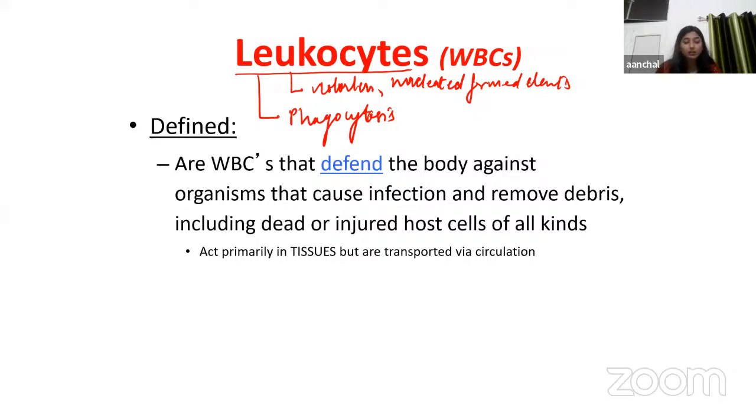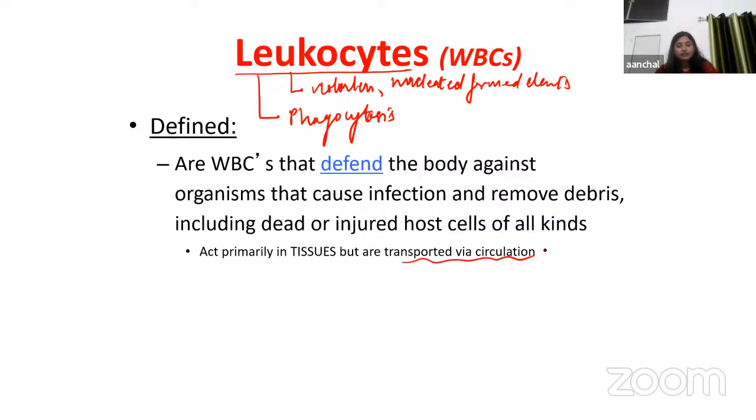Talking about morphology, compared to RBC, the WBC are larger in size and lesser in number. These cells are as important as RBC because of their role in the defense mechanism of the body, and they protect the body from invading organisms by acting like a soldier. They act primarily in tissue but are transported via circulation.